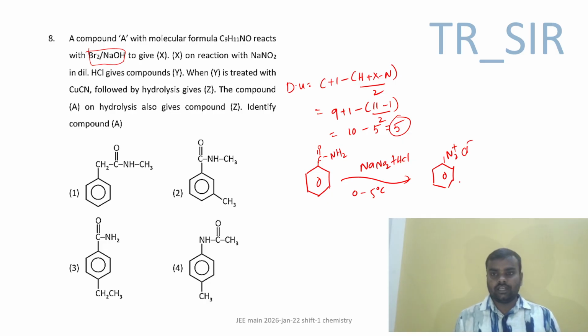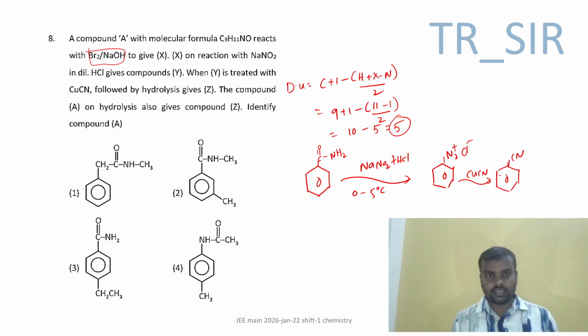Okay. Then if you treat with CuCN, you will be getting the cyanide. If you do cyanide hydrolysis, what happens? Z is coming. That means carboxylic acid is coming.